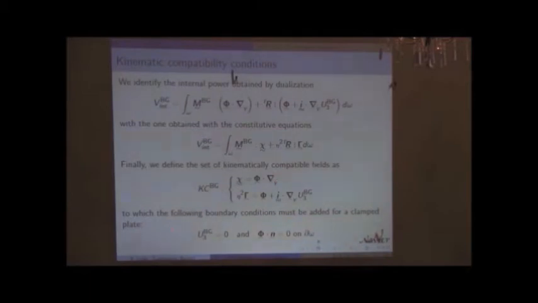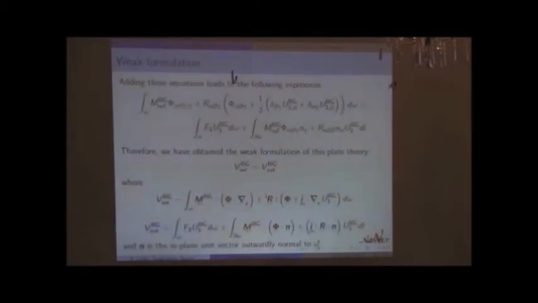Alright? And we have the clamped boundary conditions. I think it's more instructive to look at the work on the boundary. Okay, this is on the boundary. You see that if you want to have a clamped boundary condition, you must vanish this guy and vanish U3.